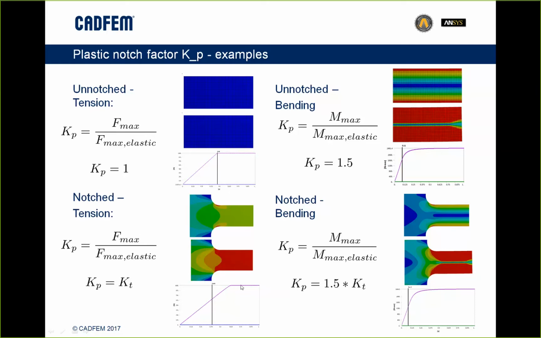After I reach this force, it will simply fail. I cannot get more load out of my structure than that. For that reason, we say maximum load divided by the load where it just plastifies, the first point, is my plastic notch factor.